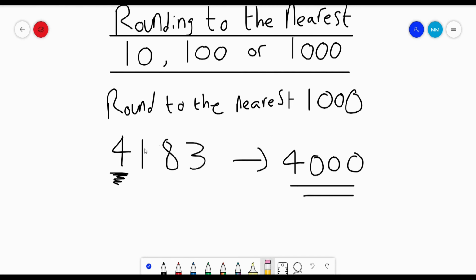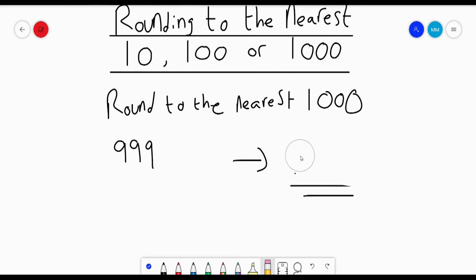Final one to finish. This is a mean one, but I think we should go through it. We've got 999 round to the nearest 1,000. So you say, well, hang on a minute. We haven't got anything in the thousands column here. But that doesn't matter, because we can just imagine there's something.